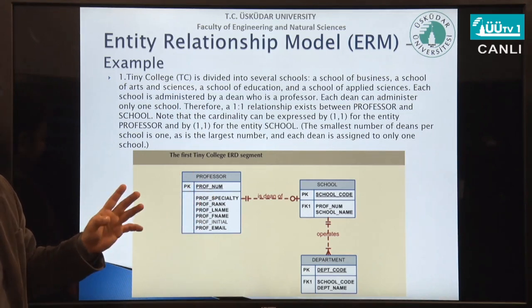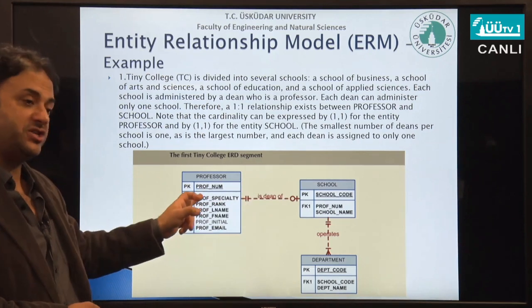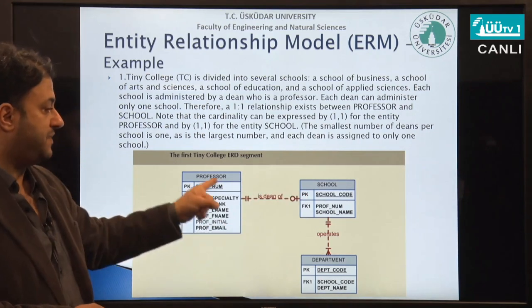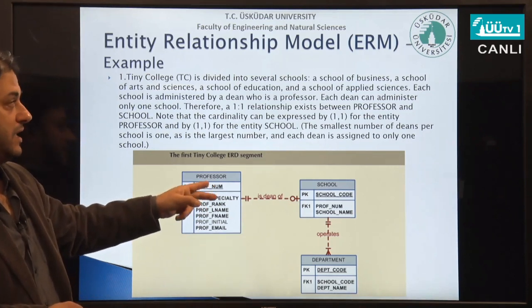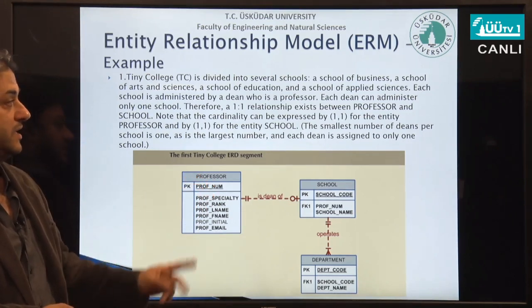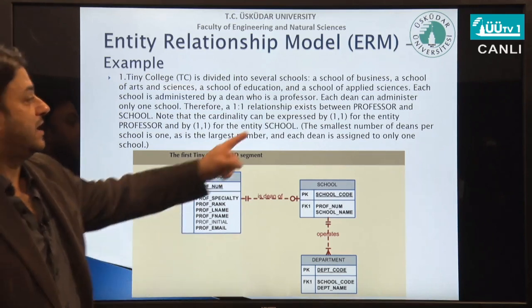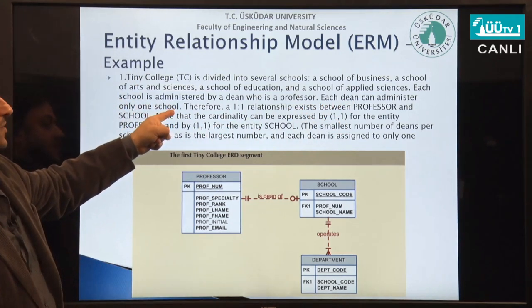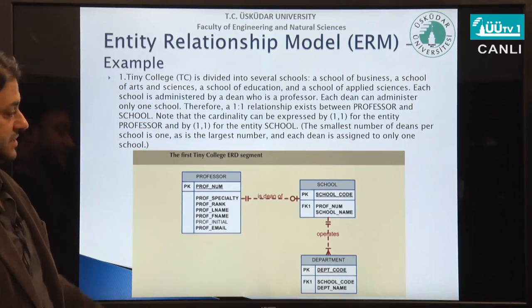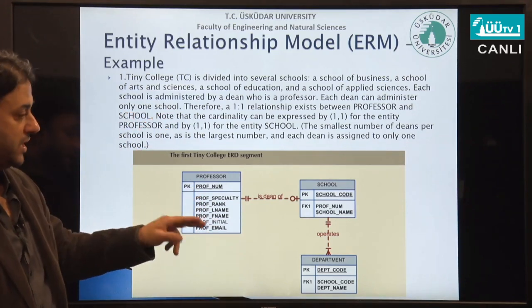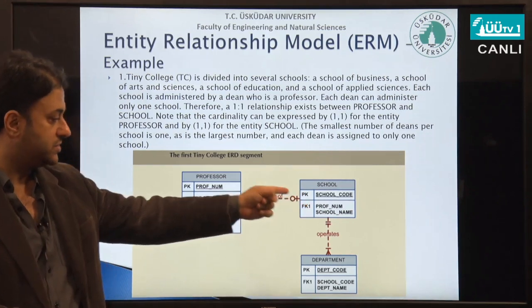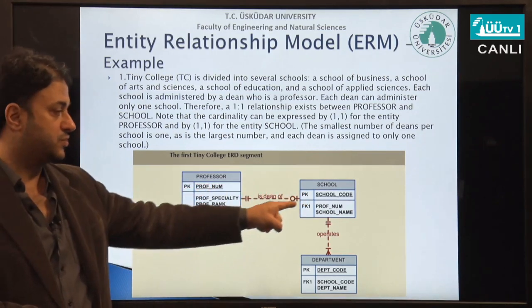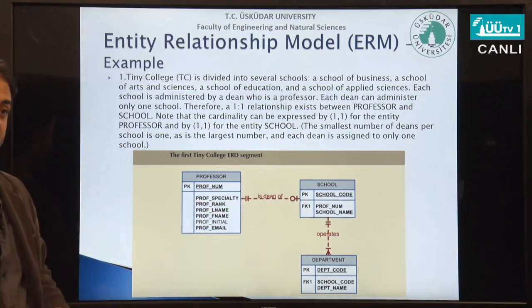Now, to verify that it's a one-to-one relationship, we have to look from the other side. Can a dean administrate two schools, yes or no? Each dean can administrate only one school. So in the analysis, we get from schools to professors a dean relationship, and from professor to school the same relationship, which is a deanship.